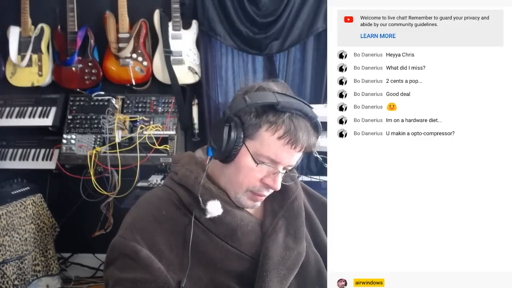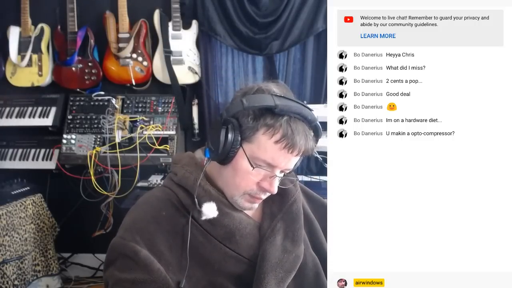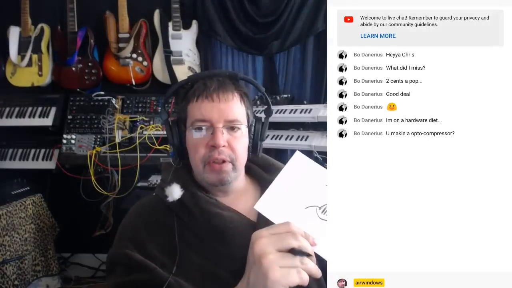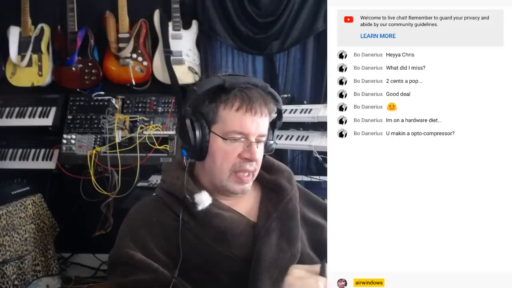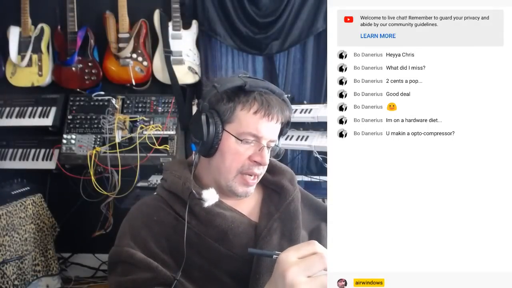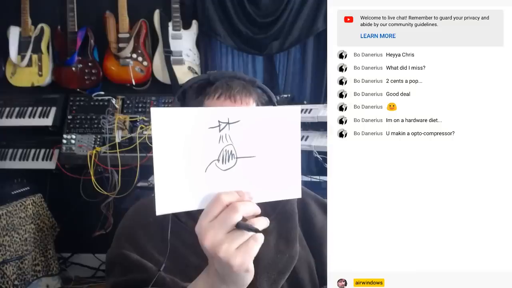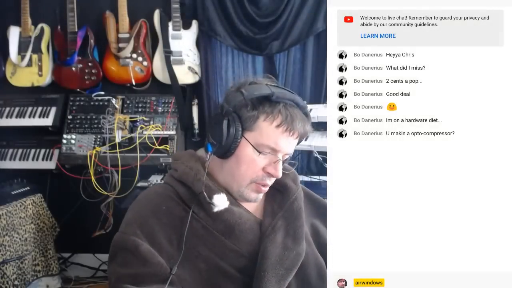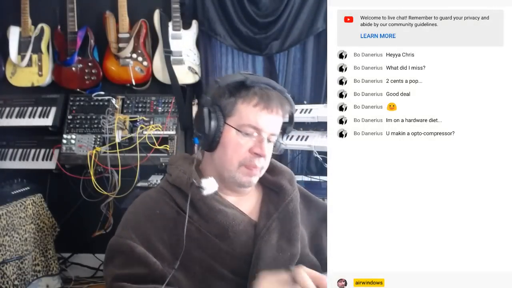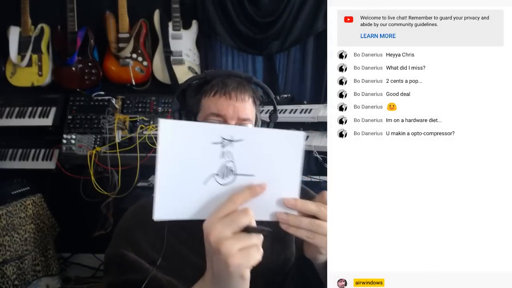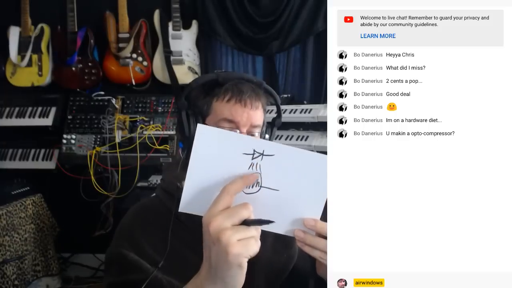Then you've got your photocell. So the way a Vactrol works is your light-emitting diode is shining light on the photocell, and you can basically have your input coming into the photocell, and it'll only pass through if there's light on it.